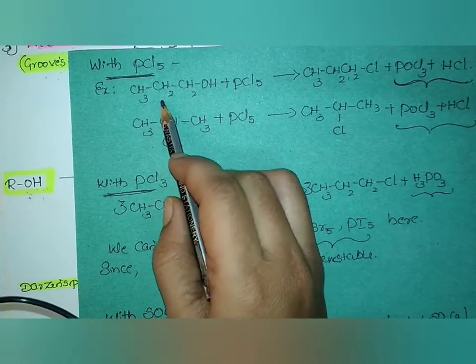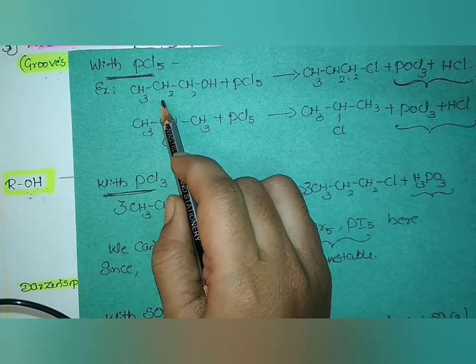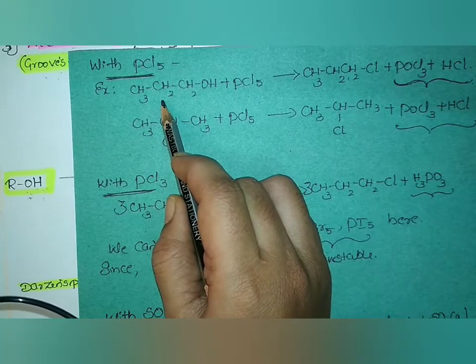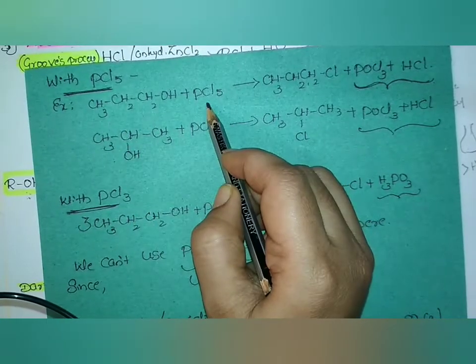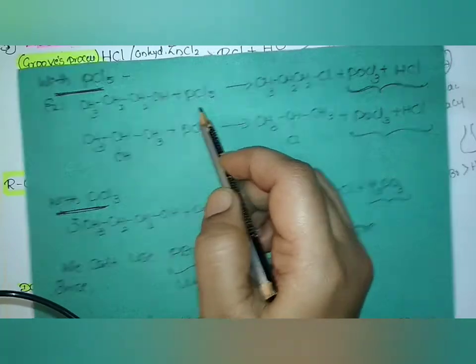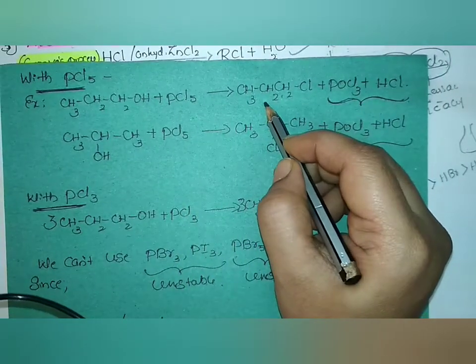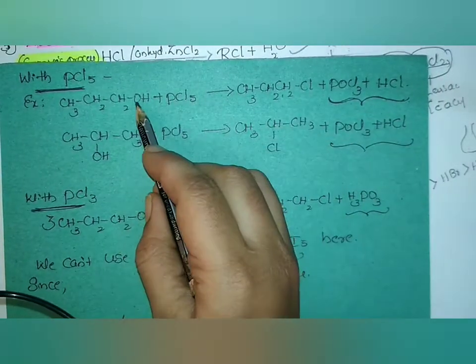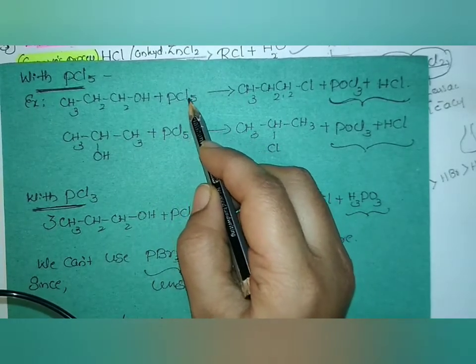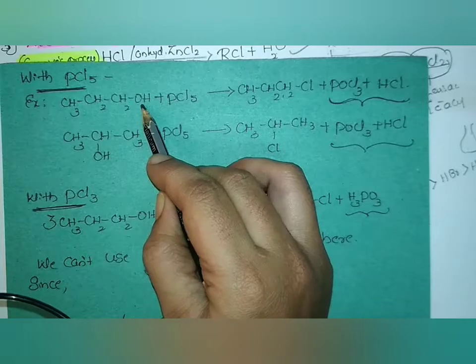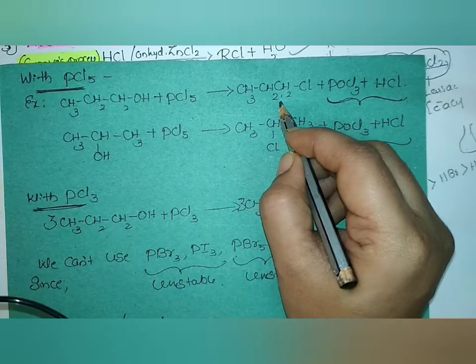We have an alcohol, particularly I have taken an example of propyl alcohol, which can also be known as propanol. When treated with phosphorus pentachloride, it results in the formation of propyl chloride. Just OH comes out, and in that place one of the Cl from the PCl5 is substituted. That gives propyl chloride.